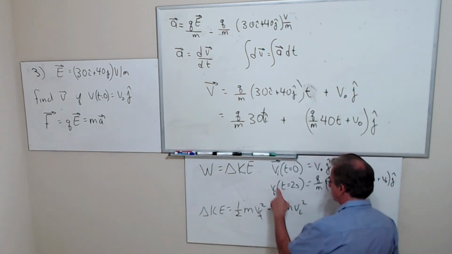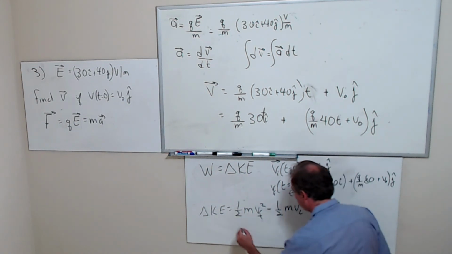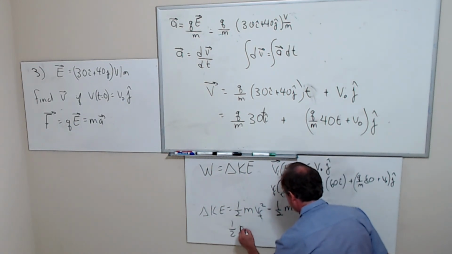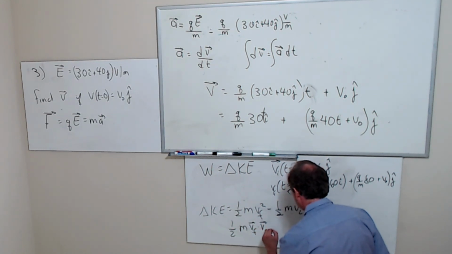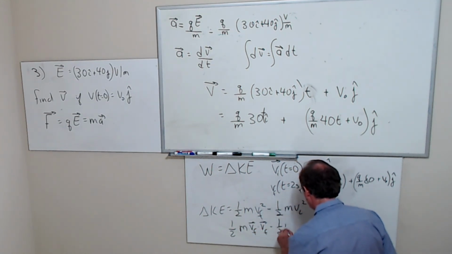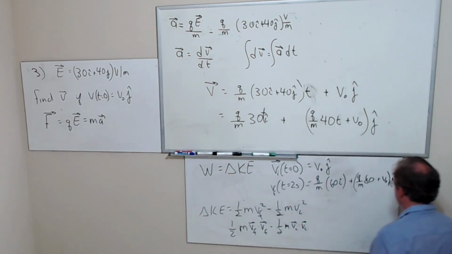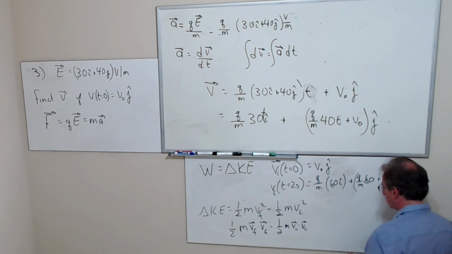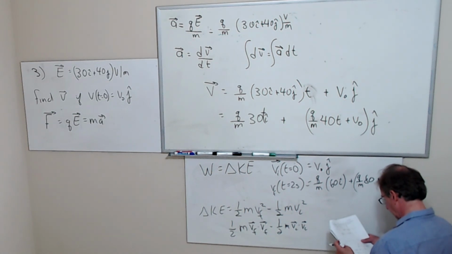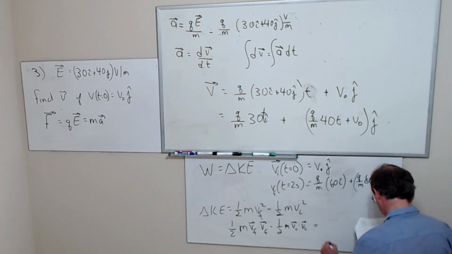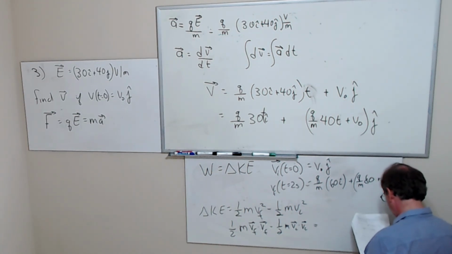And velocity squared is the dot product of the velocity vector with itself. Okay? And when you do this, you'll get the following. I'll let you do the algebra.